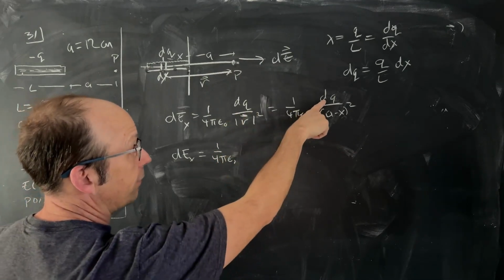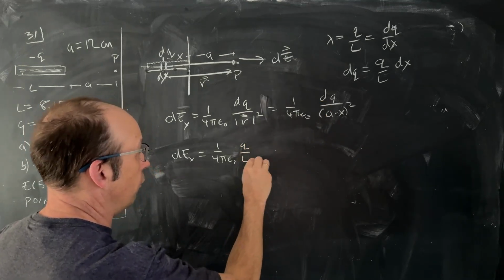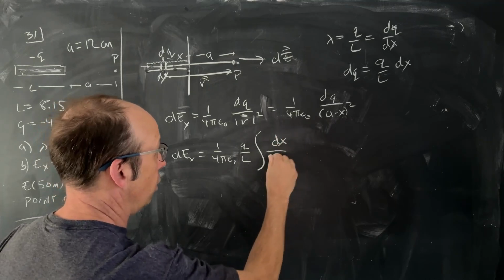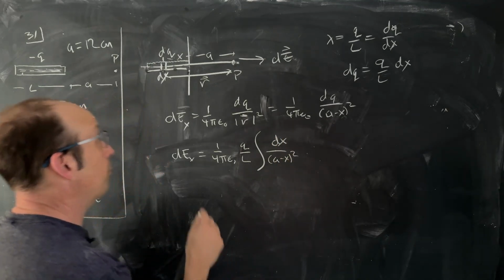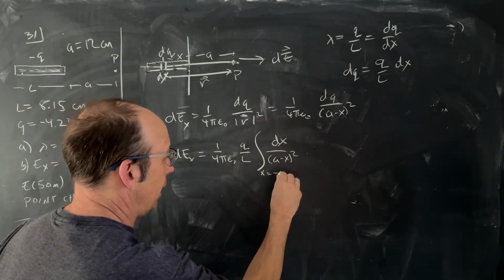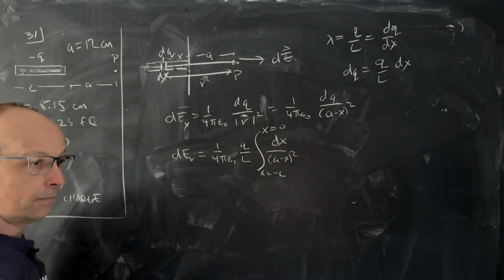And then I have, instead of dq, I have q over L dx. But I'm going to put the q over L right there. The integral dx over a minus x quantity squared. And I'm going to be integrating from here, x equals negative L, to here, x equals 0.